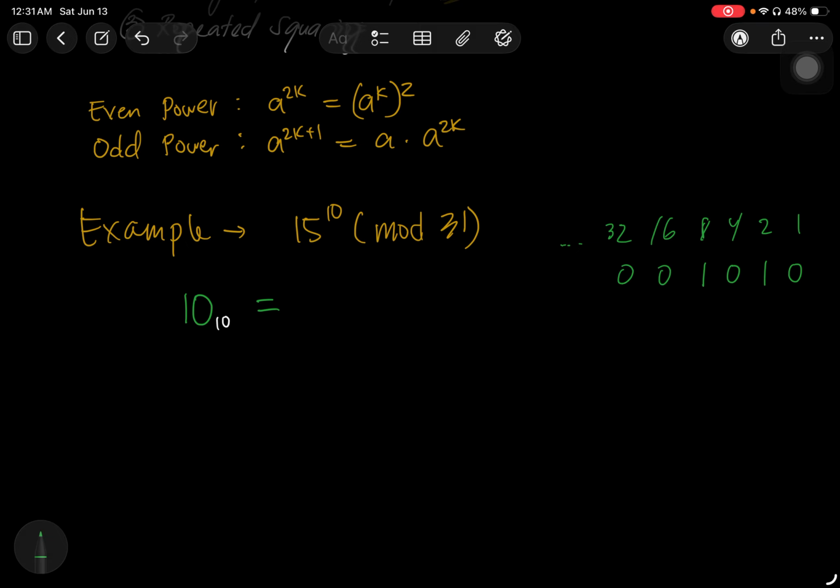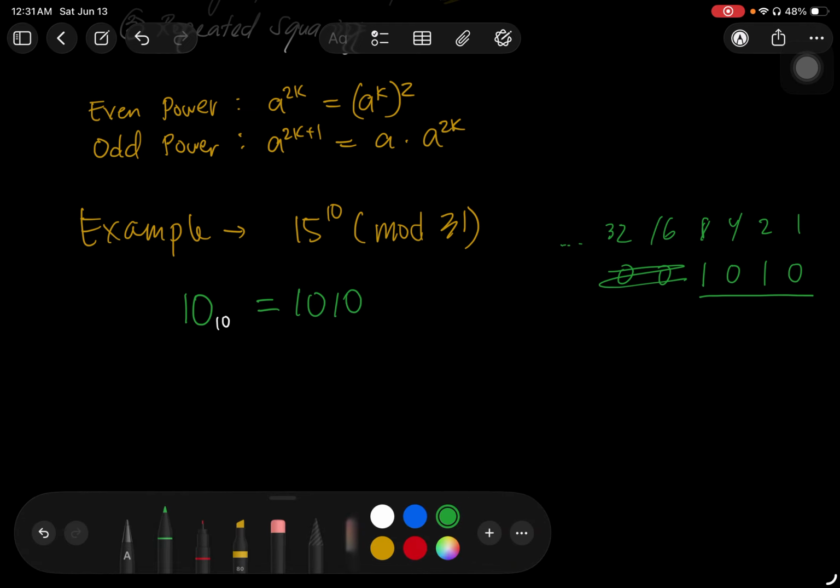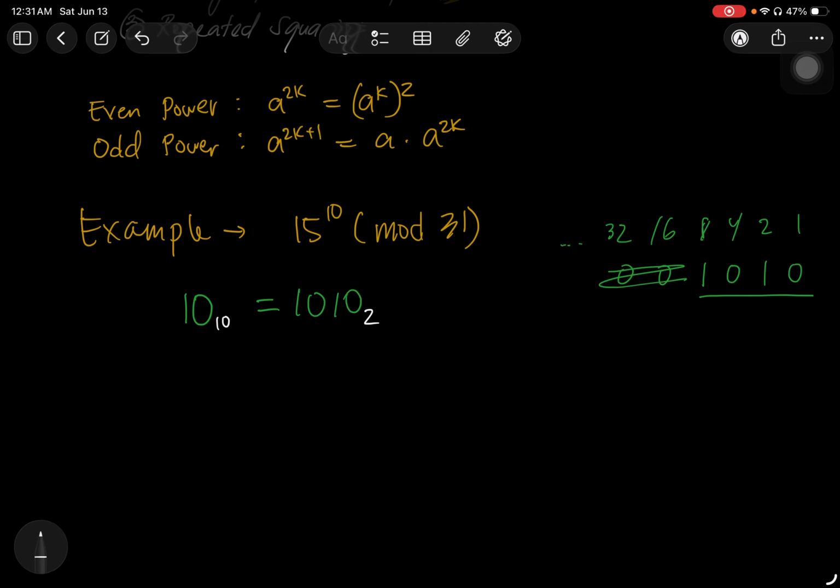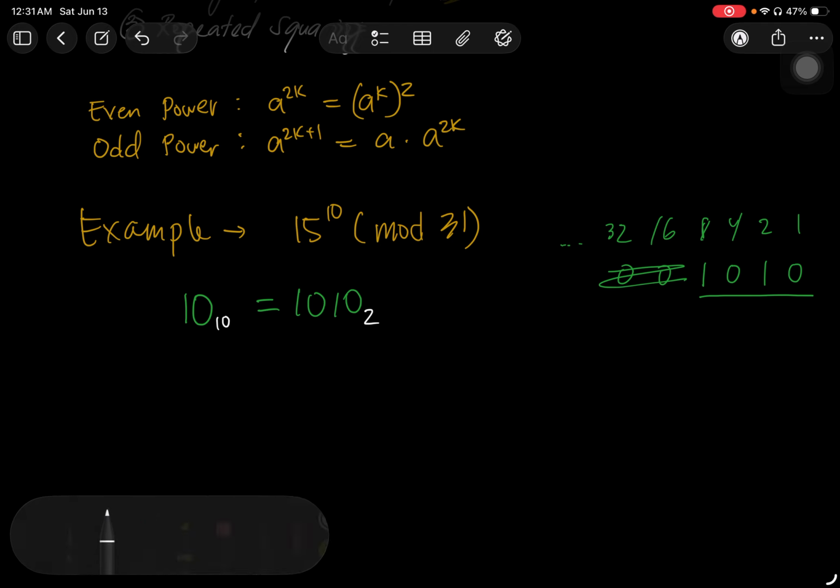Since the zeros on the left side are insignificant, we don't need to write them. So we only need 1010. Let's write 1010 base 2. So the decimal 10 is equal to 1010 in binary.